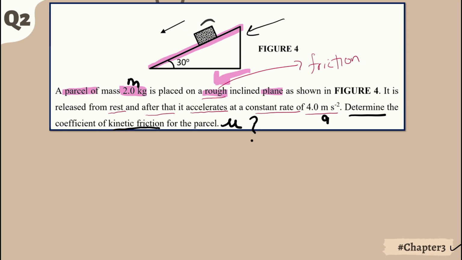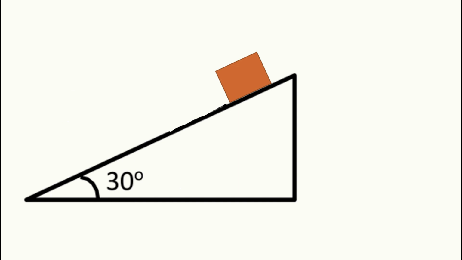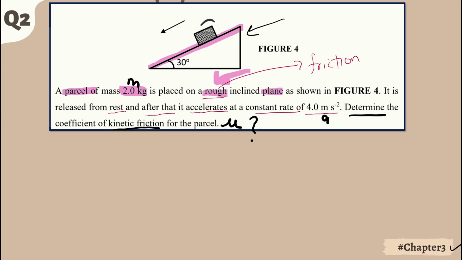To solve this problem, first we have to imagine that the parcel is moving down the plane. The first thing to do is draw the directions of the forces, or what types of forces act on the parcel.